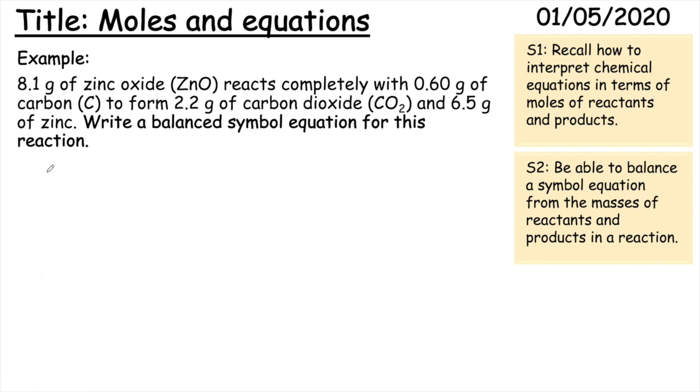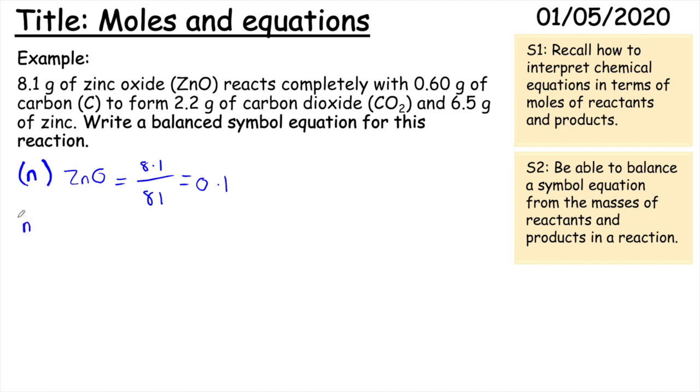So number of moles, I'm going to use n for this. It's just a short way of writing moles. So our number of moles of our zinc oxide equals mass divided by the molar mass. So the mass is 8.1 grams, and the Mr of our zinc oxide is 81. And if you do that calculation, you'll find out that you get 0.1.